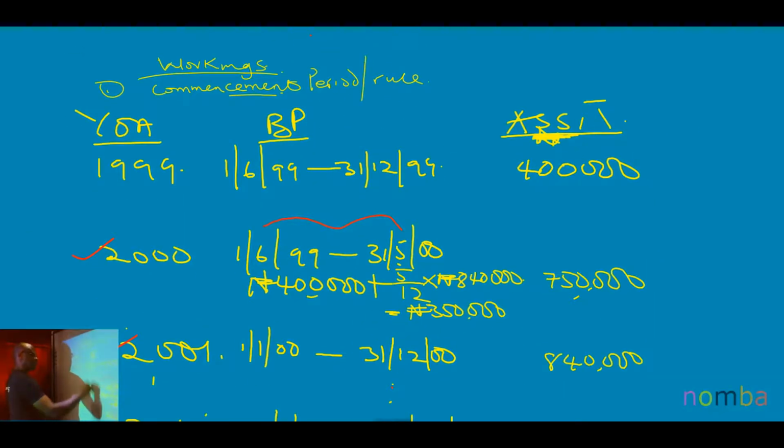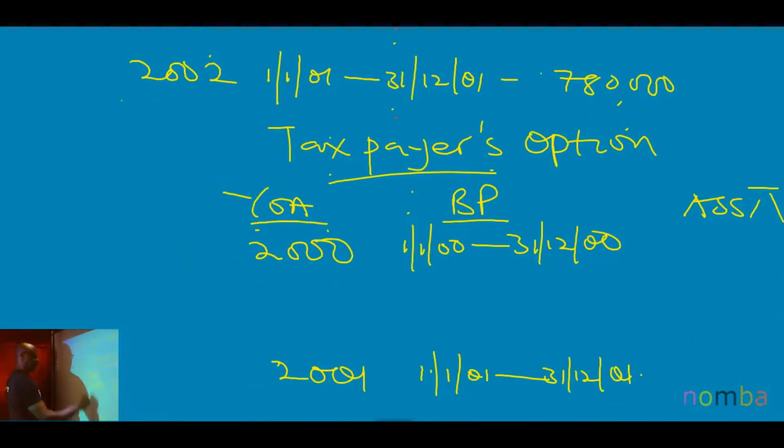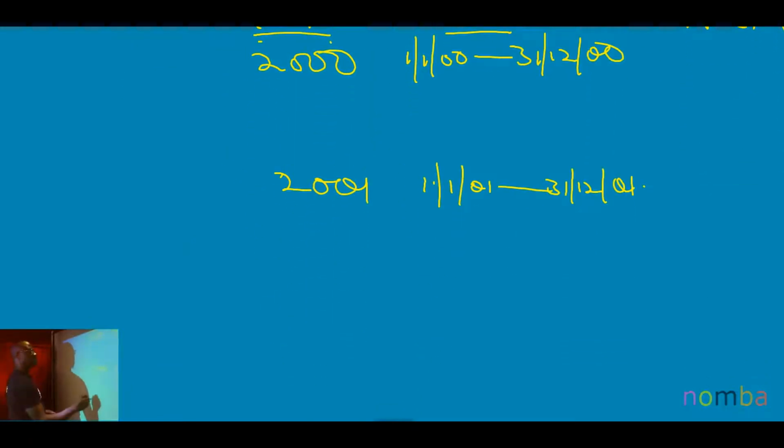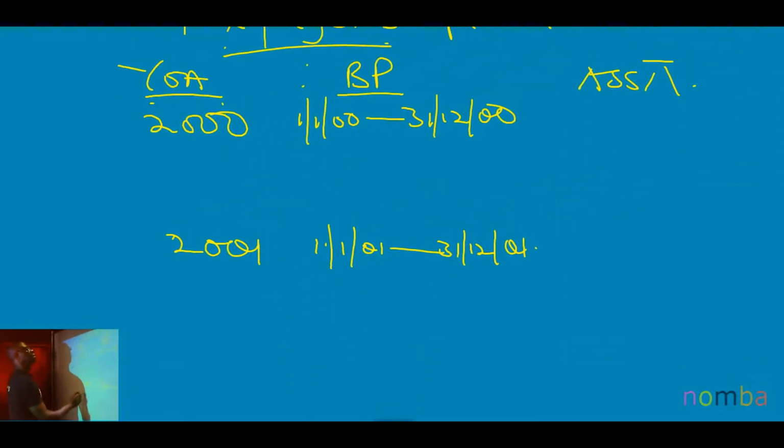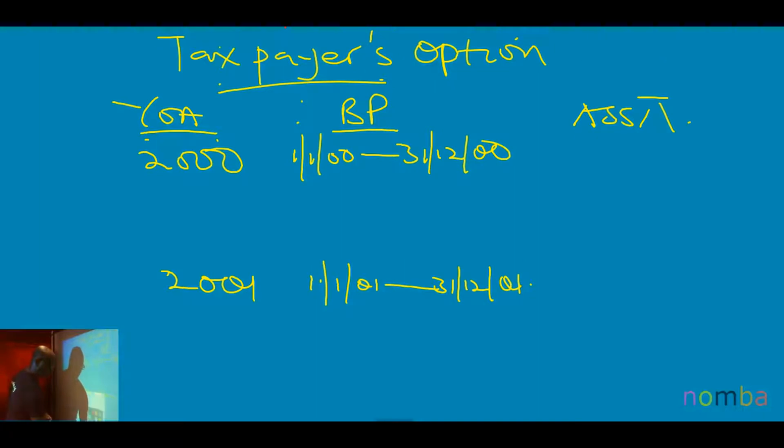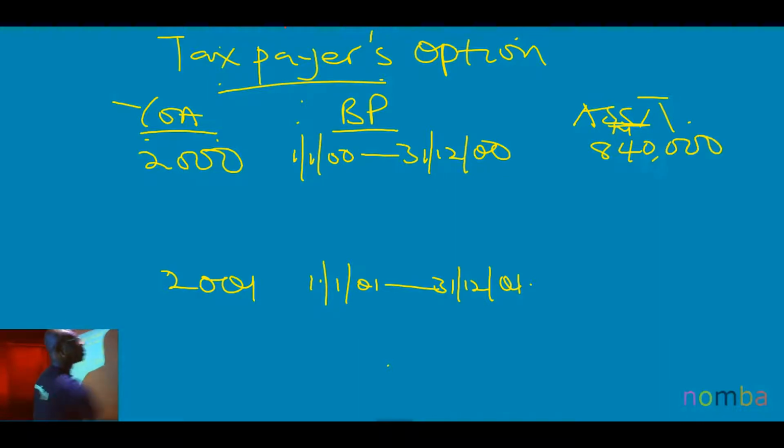So without any apportionment, I have 840,000 naira under the taxpayer's option. So 840,000 naira comes in here. This is already in naira.